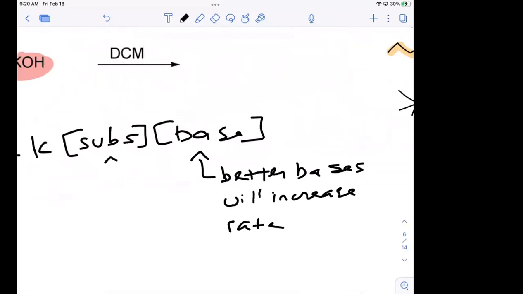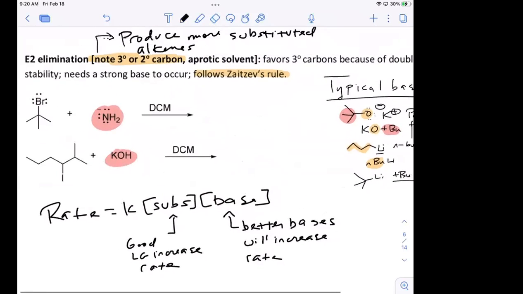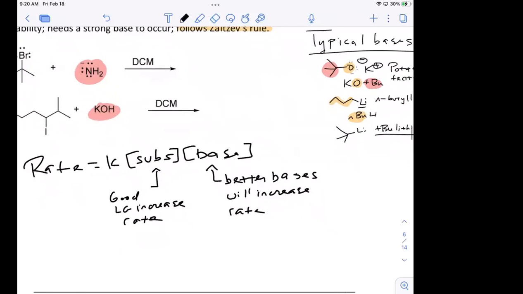And for your substrate, a good leaving group is going to increase the rate. So better bases and good leaving groups both increase the rate. Let's talk about the solvent for a second, and then we're going to go through the arrows and the mechanism for the E2.